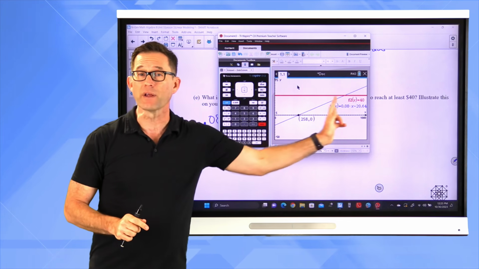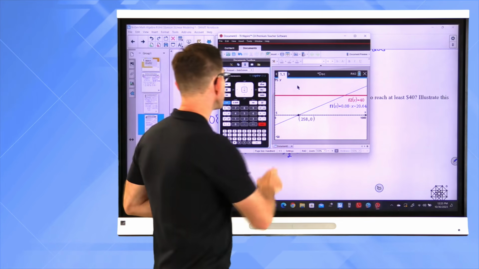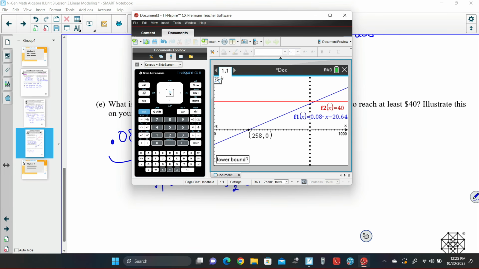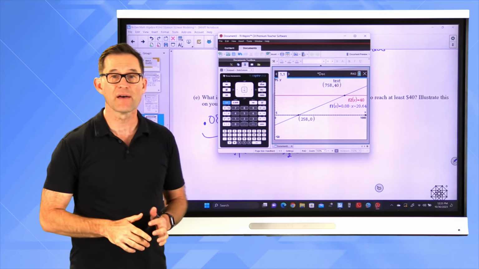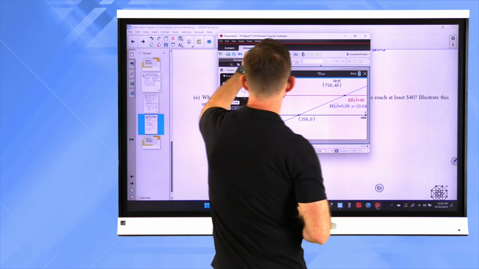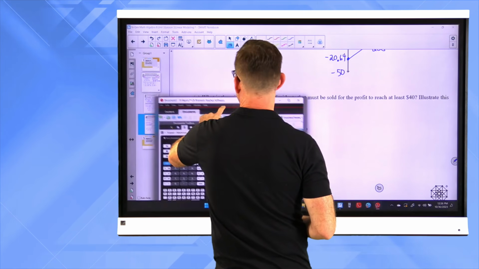So there's my 40. Now I'm going to use my intersect command, menu, analyze graph, intersection. I'm already to the left, so that's good enough. Bring it to the right. And it looks like 758 comma 40.